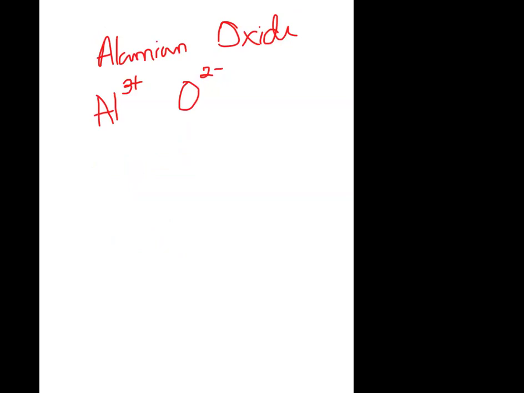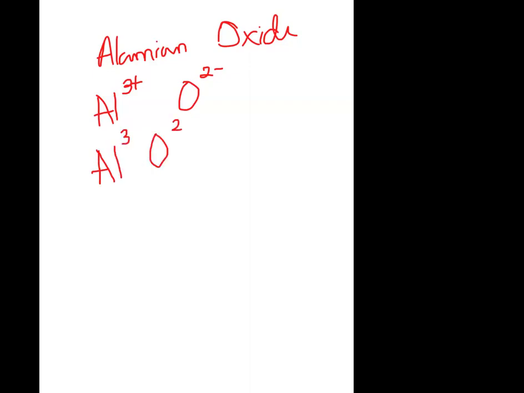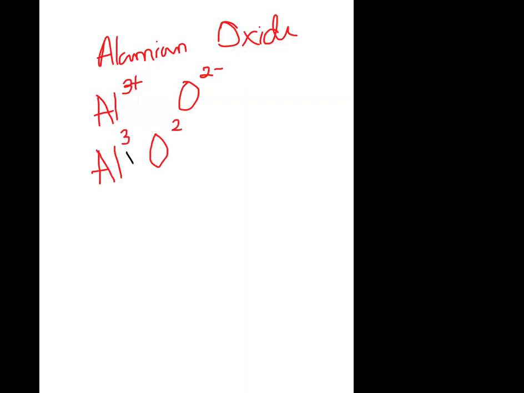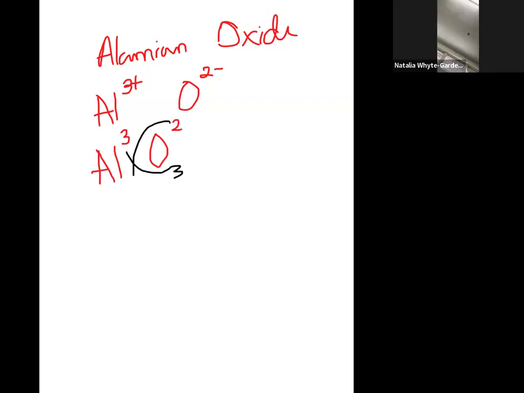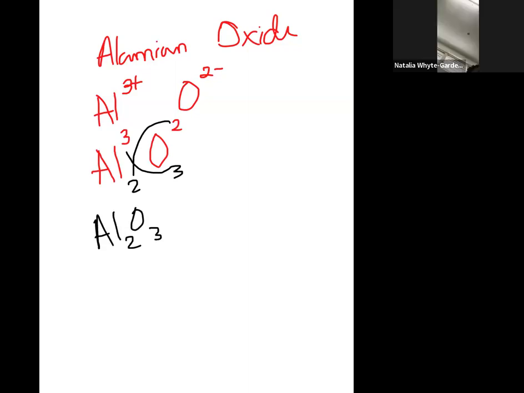So we write Al3, O2, and then we're going to swap. When we swap, 3 goes at the bottom here. So it's Al2O3. Clear? Yes, miss.